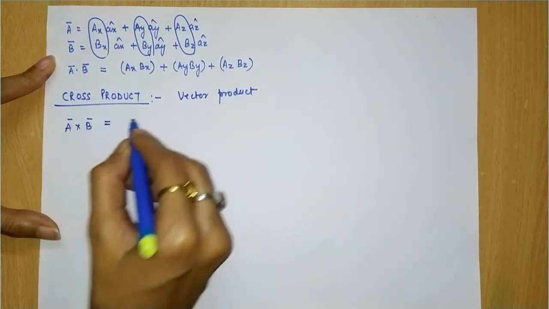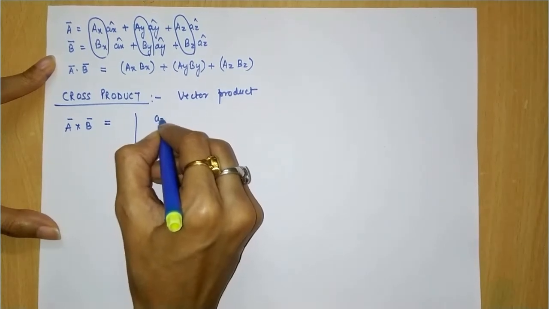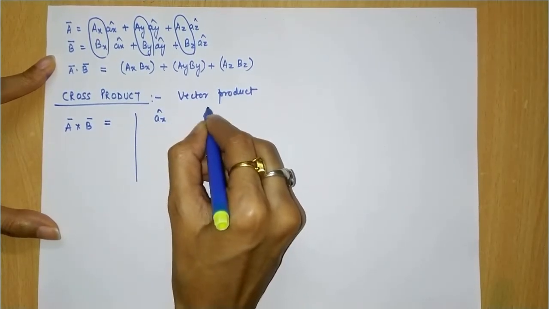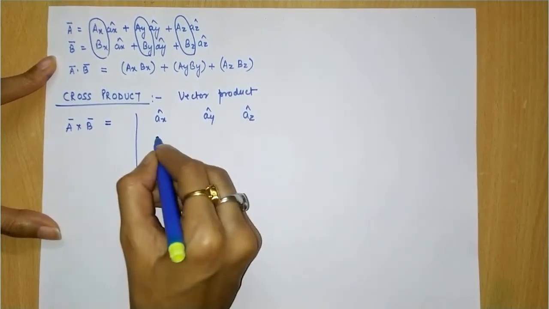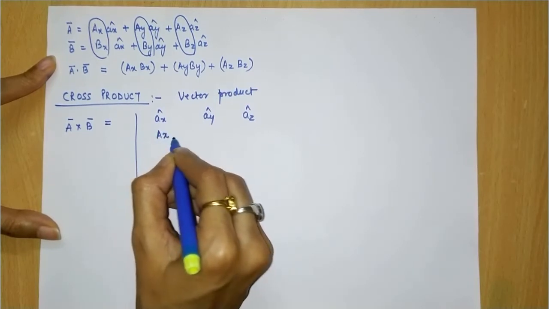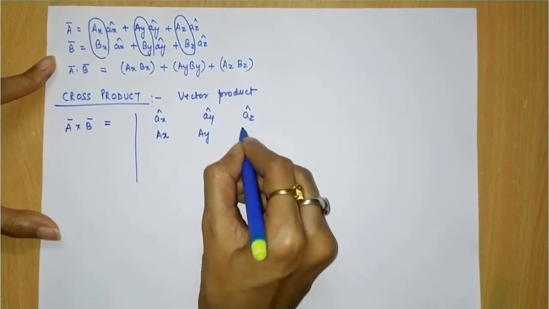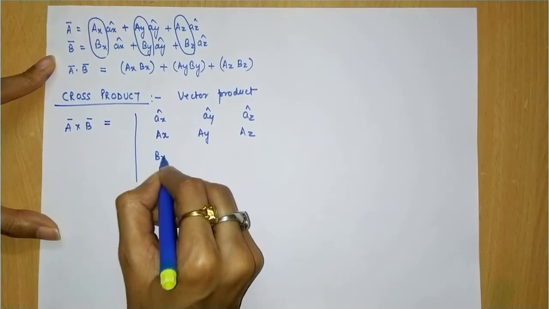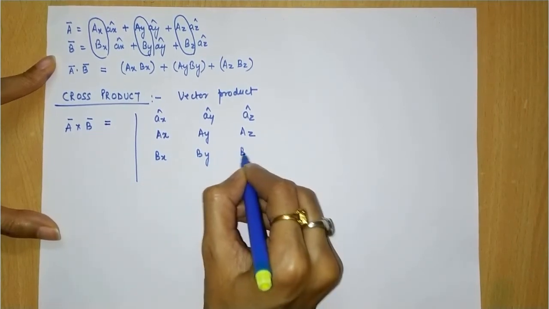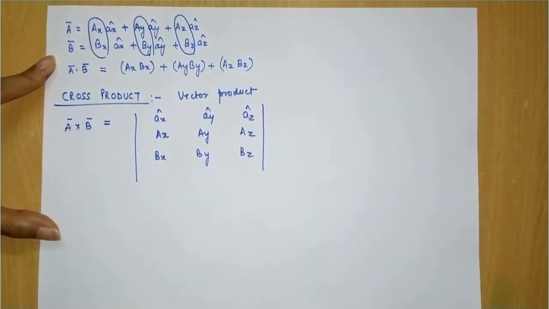Now cross product A cross B will be equal to the determinant of ax cap, ay cap, az cap, components of A, and components of B. Just take the determinant of it.